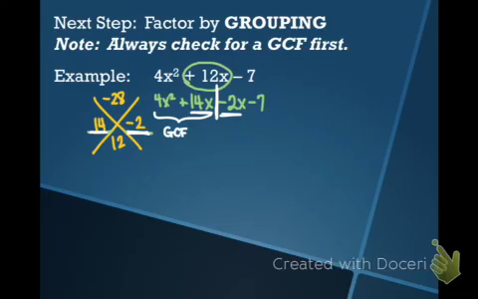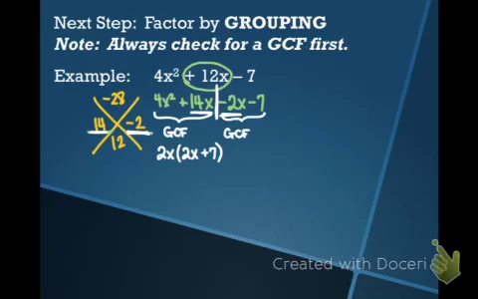We need a GCF in this first part, and we need a GCF in the second part. So if I look at 4x squared plus 14x, I can take out a 2x. When I do that, 2x times 2x gives me 4x squared, and 2x times 7 gives me 14x.